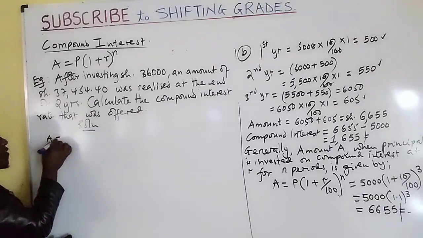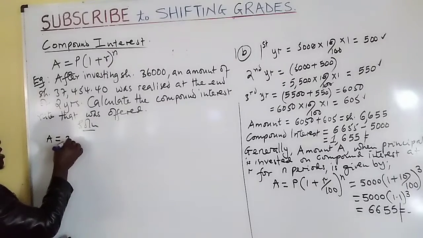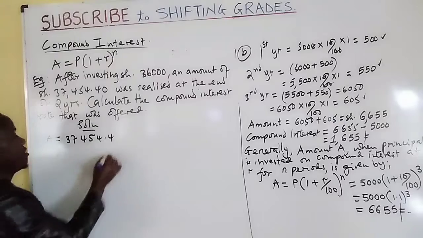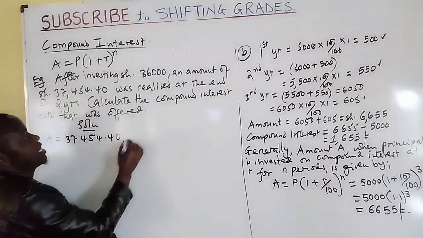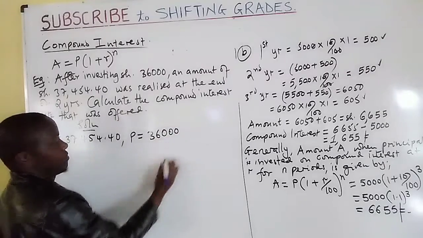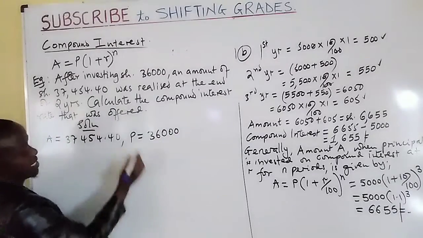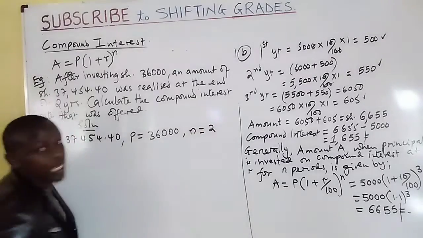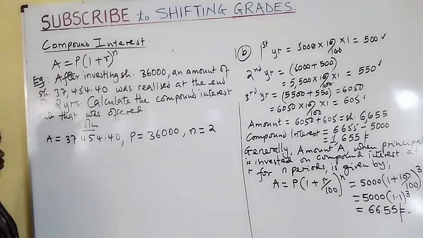The amount is already given as 37,454.40, and the principal which had been invested is 36,000. It is after 2 years, which will be our n in this case.